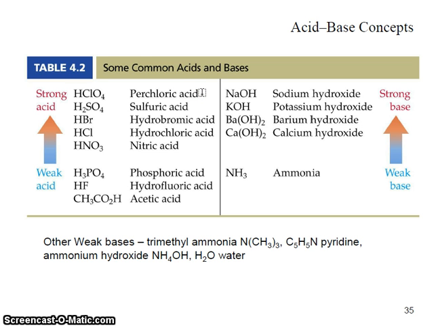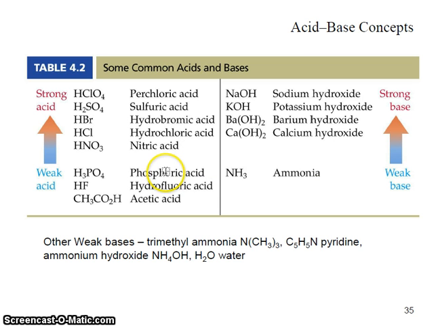Hydrobromic, hydrochloric, hydroiodic, all of those. Usually anything ending as an ic acid is a stronger acid as compared to its ous acid. So for example, recall from chapter 2, sulfurous and sulfuric. Sulfurous will be considered weak, sulfuric will be considered strong.